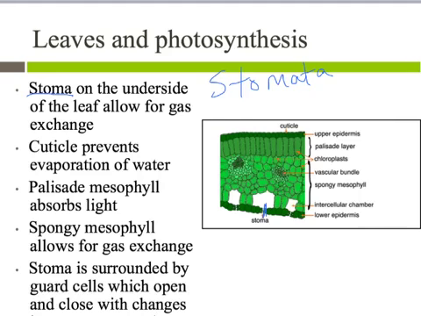The openings release water that's not used, and that's why in the summertime, if you drive past a cornfield when it's really hot, the leaves won't be flat. They'll be all rolled up, because water is being lost at a really fast rate, so they close those up and shrink the outer layer of the leaf, and it starts to curl.